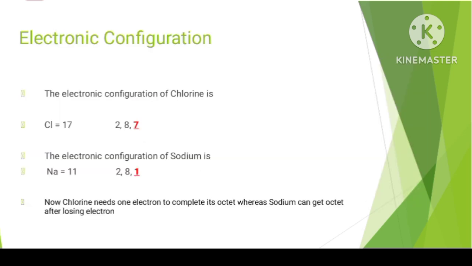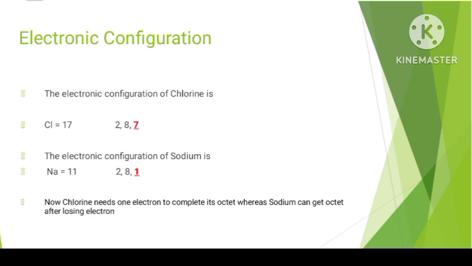Here I've written the electronic configuration. See students, the atomic number of chlorine is 17, so the electronic configuration of chlorine is 2 8 7. I have highlighted 7 here to explain that 7 is the number of electrons in the valence shell.